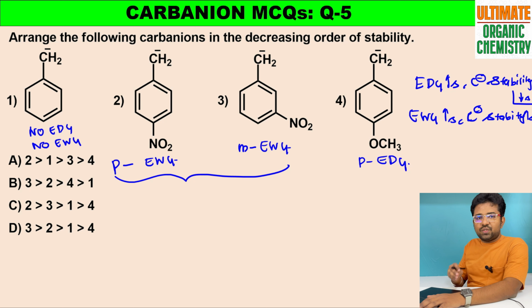So now the question is, among 2 and 3, which is more stable? So 2 will be the most stable. Why? Let me explain the reason here. For that purpose, I am drawing the structure once again here.